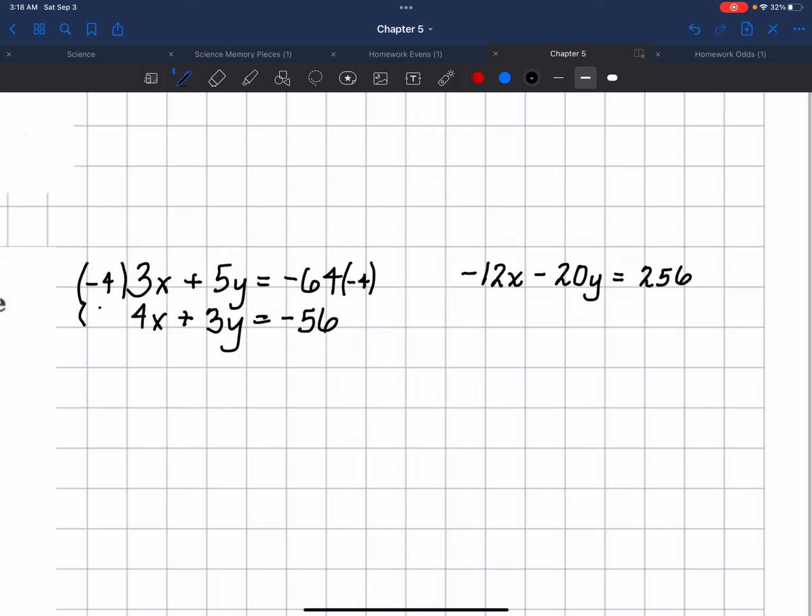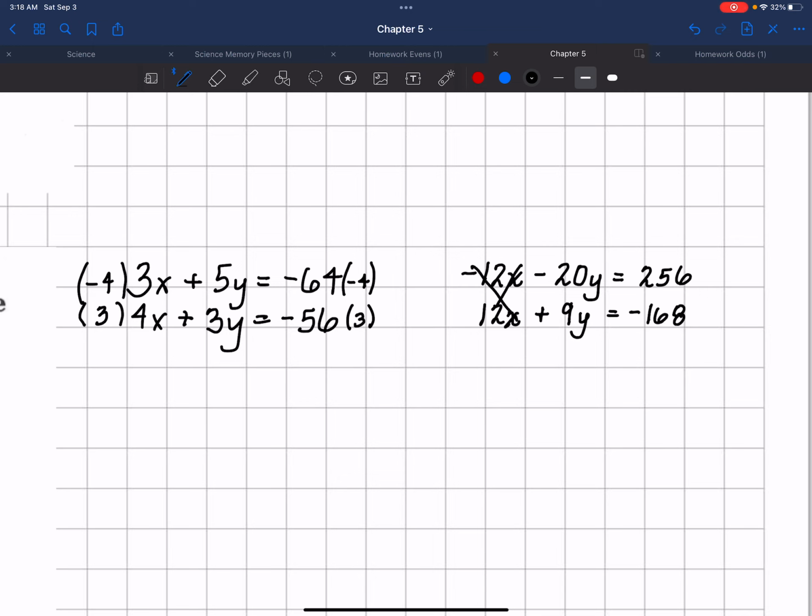Then on this one, I'm going to use a positive 3. So I'll have a 12x. I'm trying to get those to cancel. Plus a 9y equals, and you got to do it on this side too, it's going to be a negative term. 56 times 3 is 168.